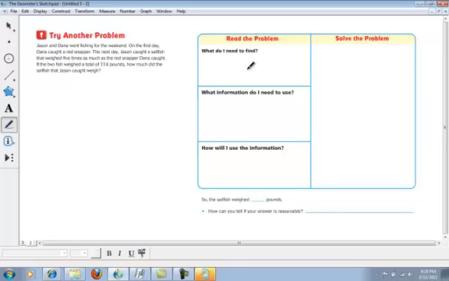Well, let's fill out our graphic organizer over here to help us solve this problem. What do I need to find? I need to find how much the sailfish that Jason caught weighed.